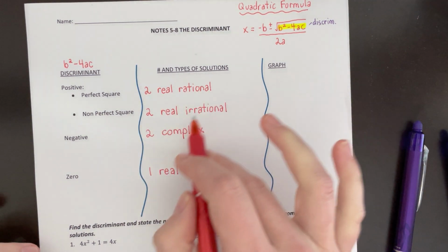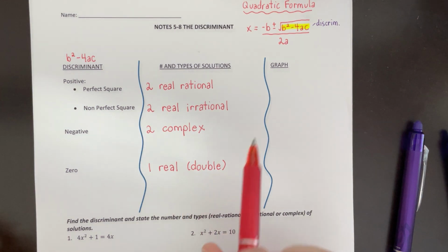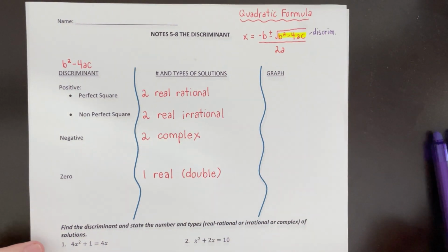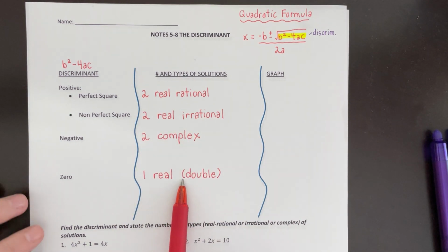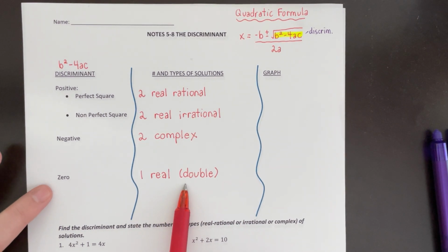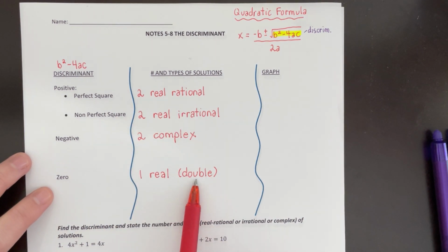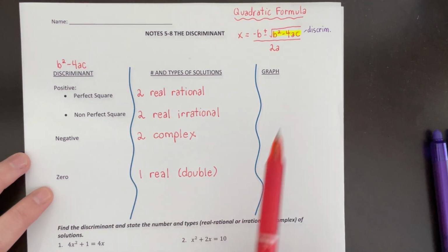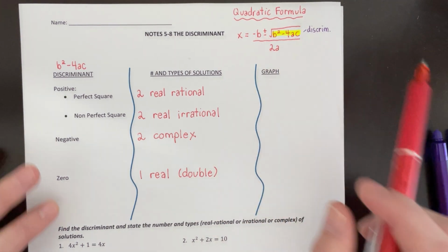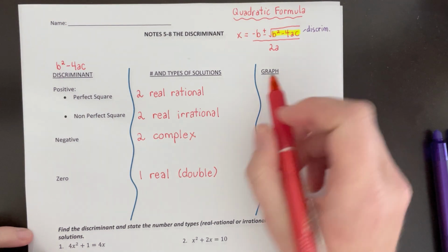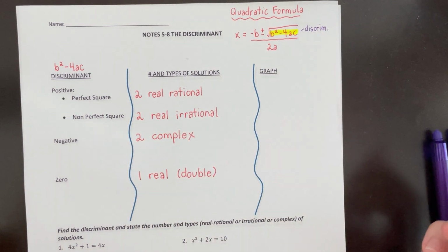And I promise this stuff might seem a little weird right now, but when we start working with the quadratic formula, you'll be like, oh, okay, yeah, that makes sense. So for now, I just really need you to memorize this. Yes, I said memorize. This will be on the test and you won't be able to use this chart. But for now, memorize this, and then we will really explore it when we do more quadratic formula in the coming days.